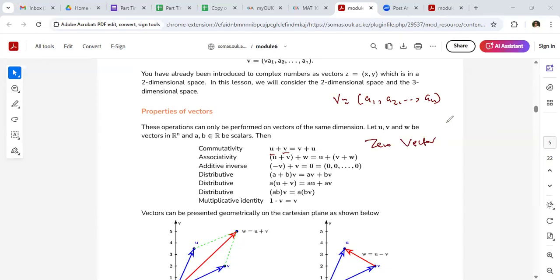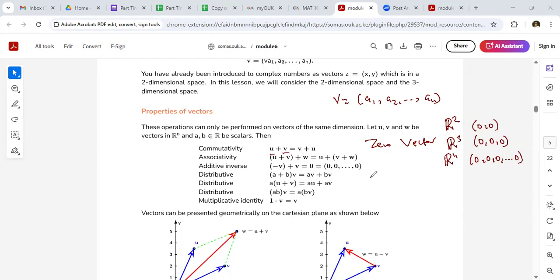For example, in R2, the zero vector is the vector (0, 0). In R3, the zero vector is (0, 0, 0), and so on. In general, for Rn, you have the n-tuple, an ordering of n zeros.